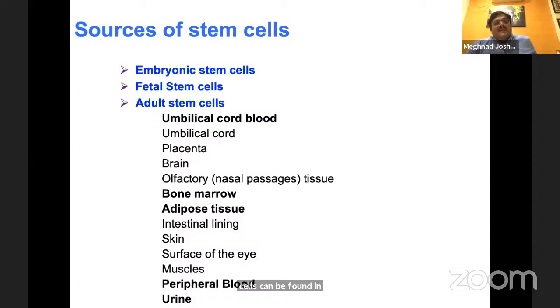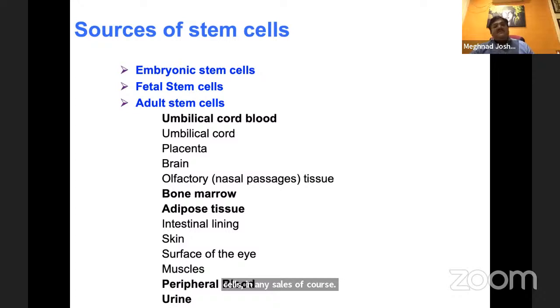Now, a little bit about the sources of stem cells. Their most important source is embryonic stem cells. In embryonic stem cells, you could isolate totipotent cells and pluripotent cells. In fetal cells, you will be able to isolate pluripotent cells. In adult cells, of course, there are multipotent or unipotent cells you could isolate.